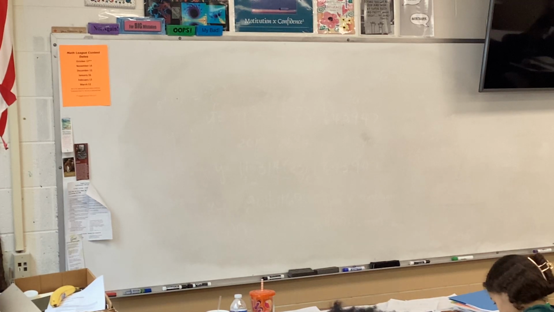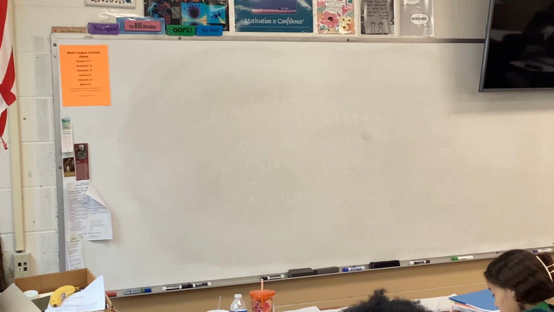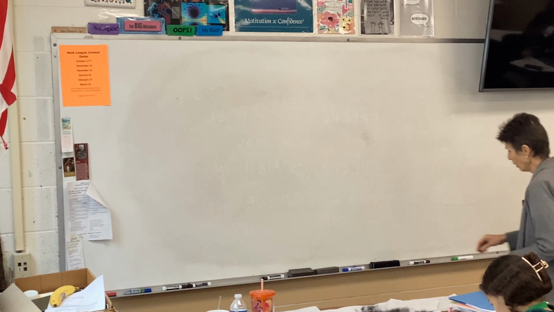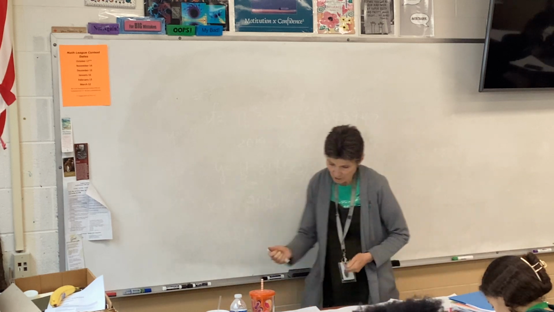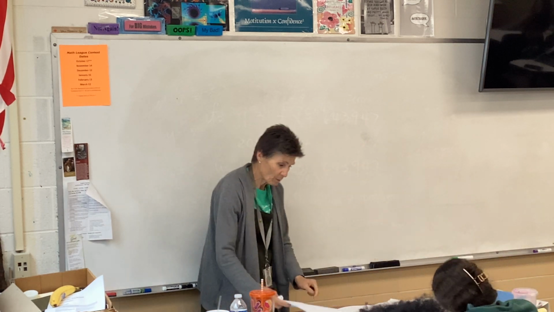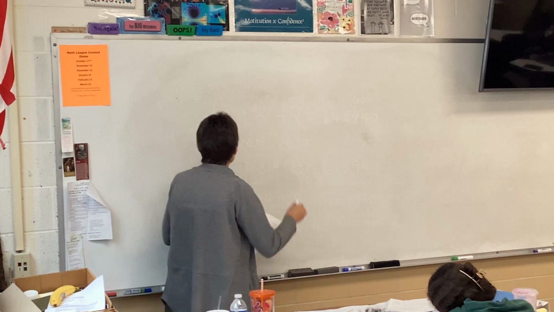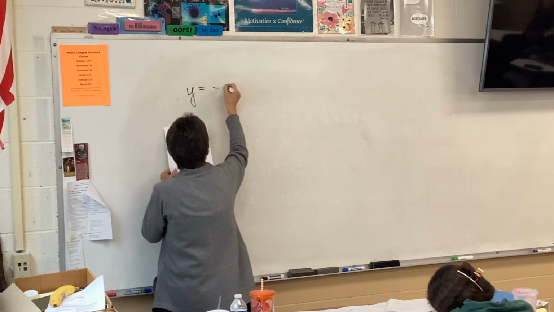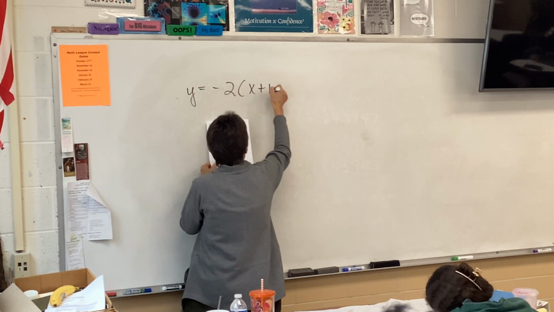Number 3 on the practice quiz, which should be fresh in your mind. I know we just talked about it one day, but we did a whole bunch of problems like this where we were graphing. So who can remember how we get going on this problem?